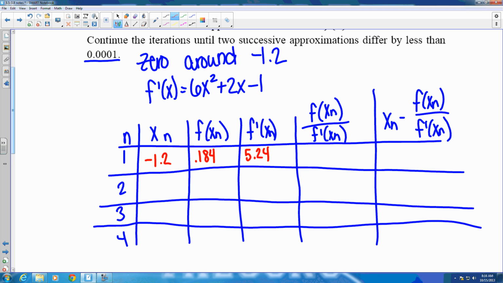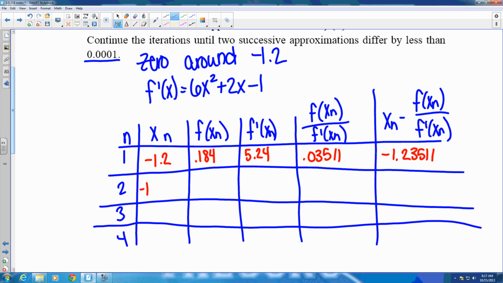Divide the two, you get 0.03511. And then take our initial x1 and subtract off what we got in the previous box, we get negative 1.23511. So since negative 1.2 and negative 1.23511 do not differ by less than 1/10 of a thousandth, we're going to need to do this again.